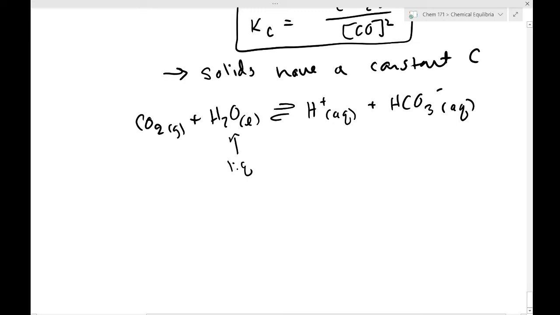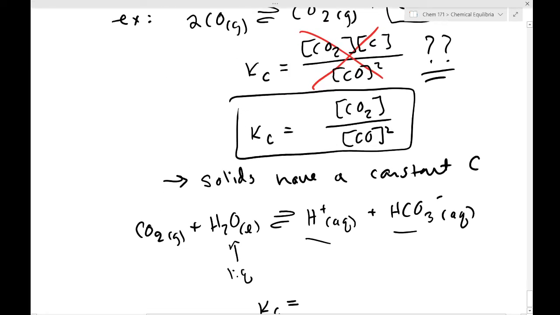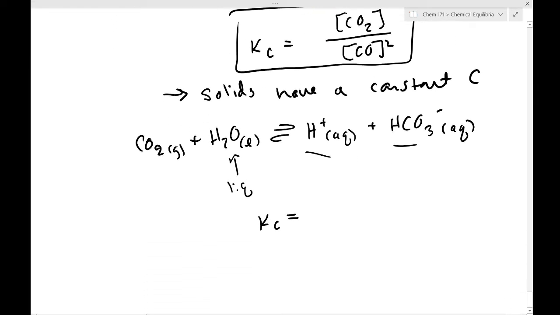Okay, it can't happen without that pure liquid. And the way that we would form this Kc is by having the products over the reactants. However, just as in the case with the solids, the liquid concentration is constant. So we do not include it in the equilibrium constant expression. We just include the pieces that are non-liquid.